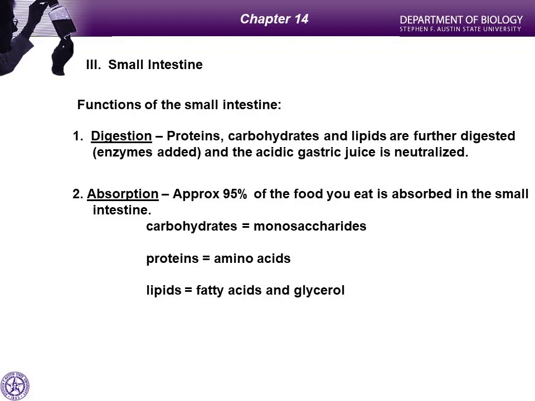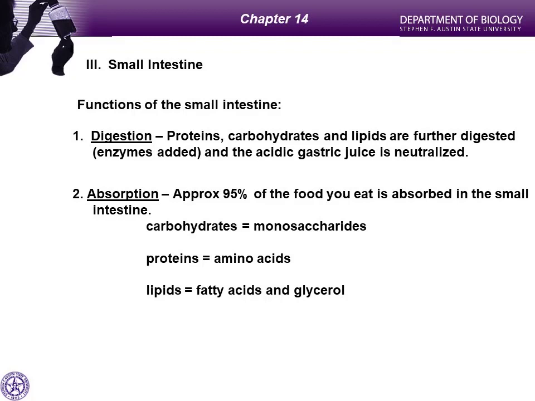And many of these enzymes are similar to the enzymes we have in our saliva. So what would be the advantage of having enzymes in the beginning, and now we have enzymes toward the end? What's the real advantage of doing it that way? Can you think of anything? Let's kind of back up into the stomach. What's happening in the stomach? What kind of digestion, if we could classify it that way?